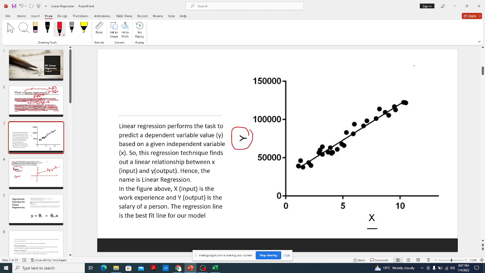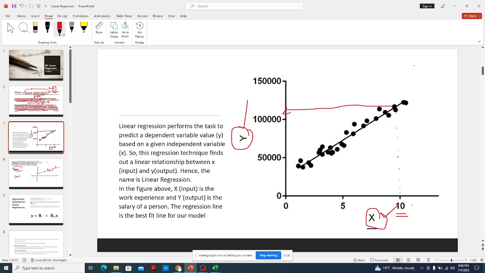So this is the salary amount, and this is experience in years. Let's assume that the higher the experience you have, of course, you are getting more pay.